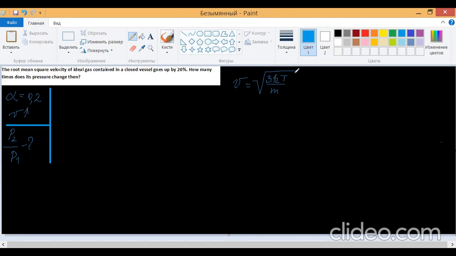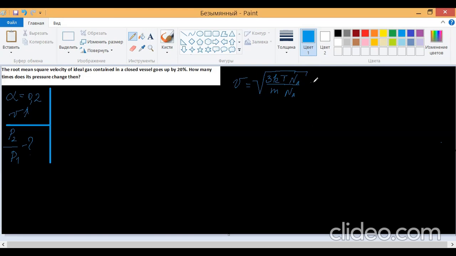So the solution is the following. If we multiply the numerator and denominator of this fraction by the same number, it won't change at all. And I offer that we multiply the numerator and denominator by the Avogadro constant.